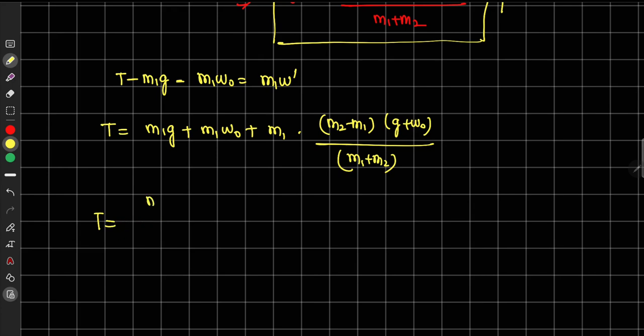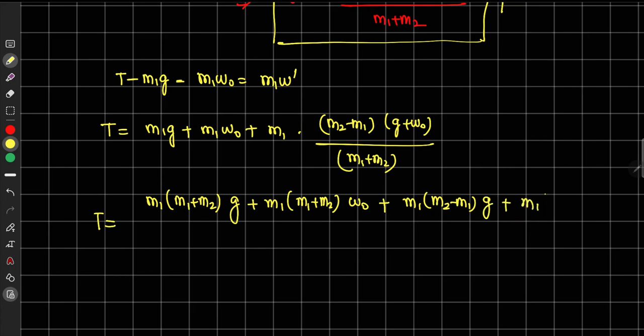Then we can write m1 times (m1 plus m2) into g plus m1 times (m1 plus m2) into w0 plus m1 times (m2 minus m1) into g plus m1 times (m2 minus m1) into w0, whole divided by m1 plus m2.